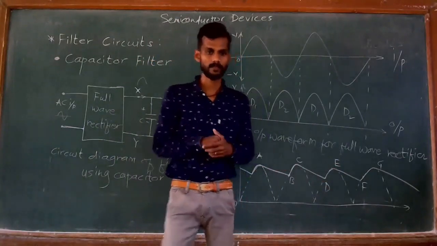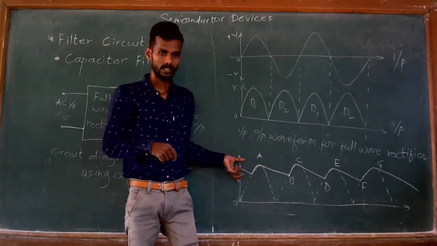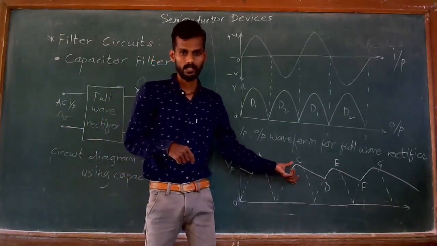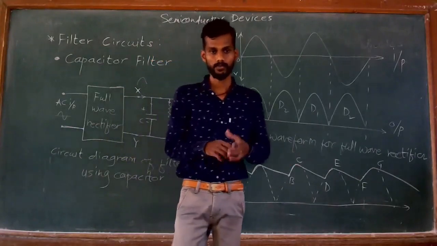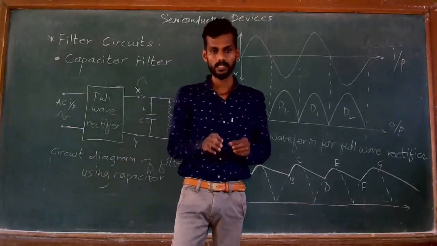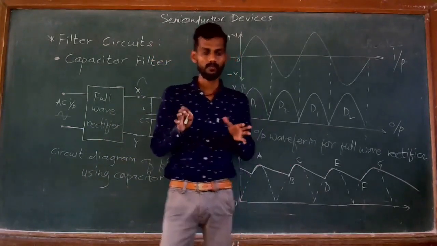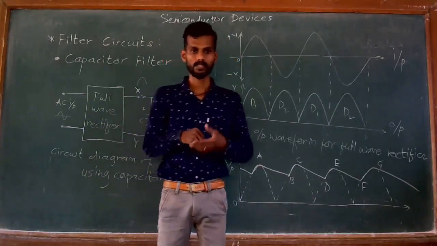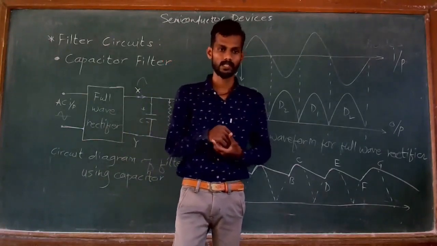But there are also some AC components in the output of a filter circuit. How to remove the AC component completely from the DC component, to get a pure DC output, we'll study in our next lecture.